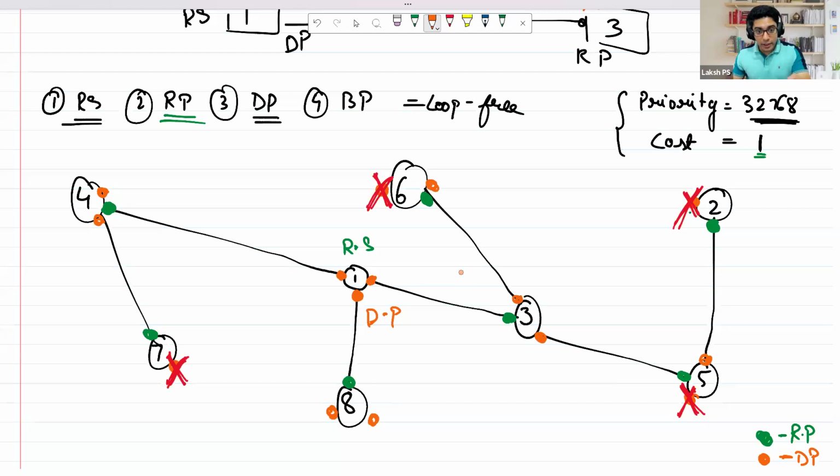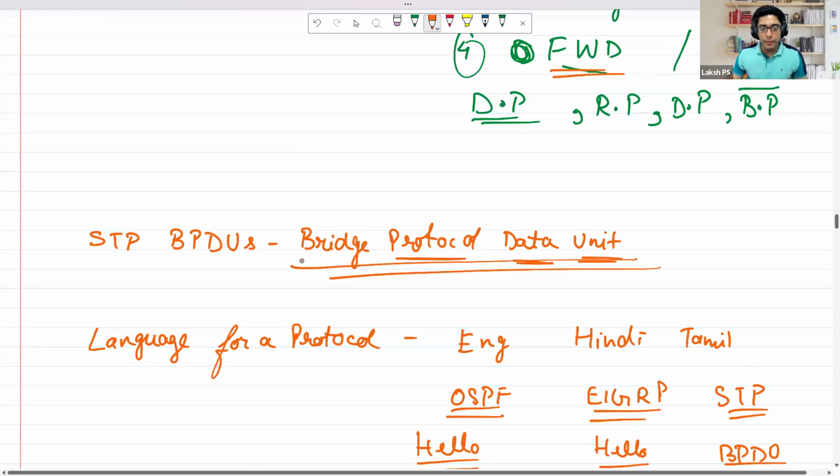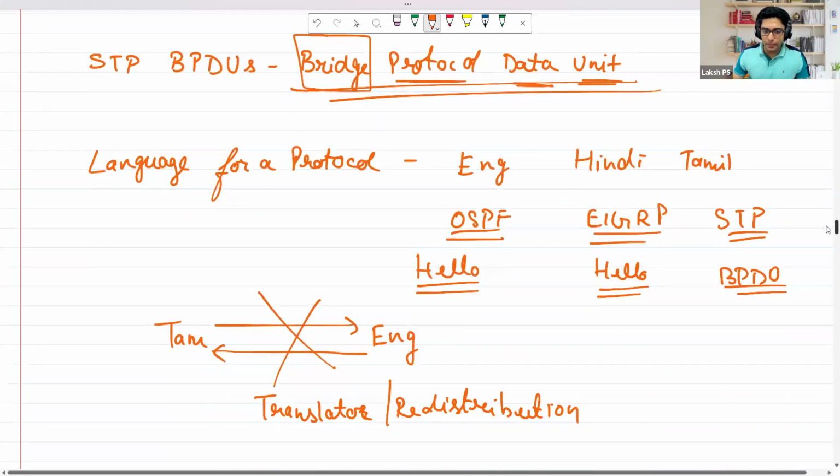Right. And what language do these spanning tree switches speak? They speak the language of bridge protocol data unit, or BPDU. Because it is spanning tree, it is called a bridge. As I said, OSPF has its own PDU, which is called a hello message. The hello message contains some kind of information. EIGRP also sends hello messages, but it has a separate kind of information. Similarly, spanning tree also has its own language, which is called a BPDU, and with BPDU, it shares some information. All right. Any problem understanding what is a PDU?